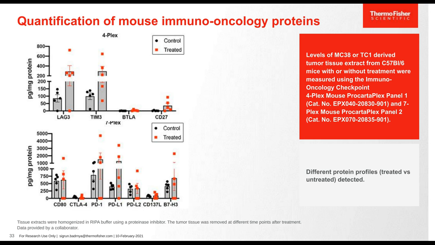As demonstrated here in the two bar charts, analysis of in total 11 analytes in tumor tissue extracts from non-treated and treated mice revealed a distinct protein profile with differentially expressed proteins in the treated as compared to the control group, suggesting a role for these proteins in tumor progression.